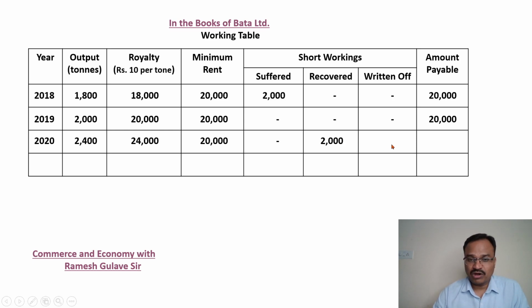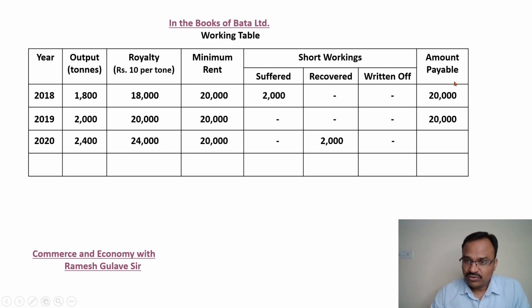Now in the write off column, if the short workings are not recovered, only then we write off the short workings. Write off short working means we consider those short workings as a loss and it is transferred to the profit and loss account. But in this question the whole amount of short working is recovered, so there is no question of write off.